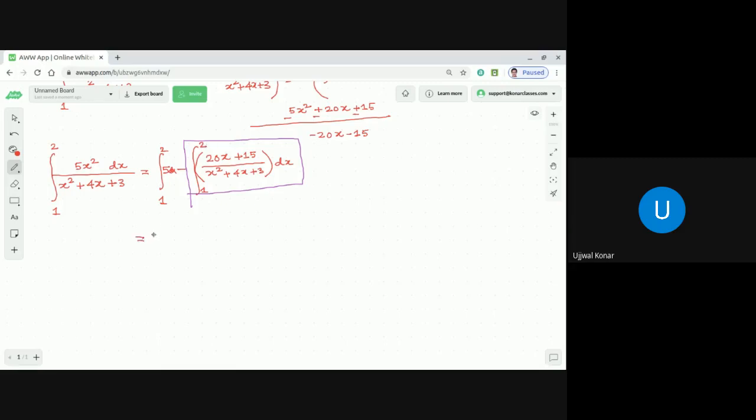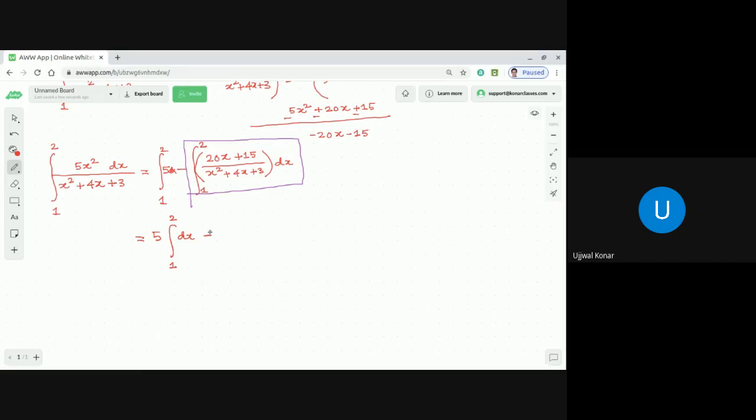It will be 5 into integration dx, 5 into integration dx 1 to 2, minus, okay, what we'll get, and as you got a and b equal to minus 5 by 2, so we can write something like this. I hope you will agree with me.